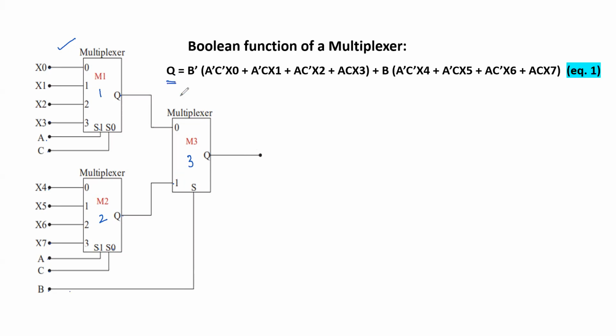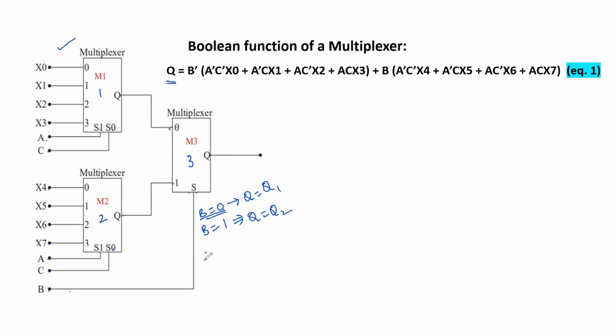Therefore, Q depends on the selection input, which is B. It is only one variable, so the binary combinations are B equal to 0 and B equal to 1. If B equal to 0, Q should be the value on the 0 line, Q equal to Q1. Similarly, if B equal to 1, the data on line 1 should be transferred to the output, so Q equal to Q2.